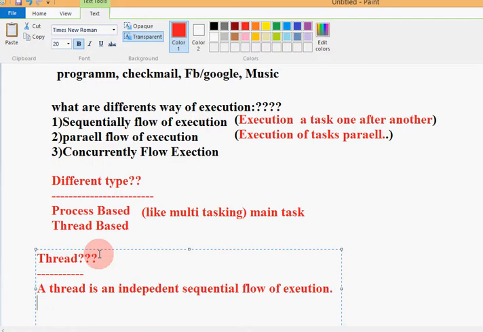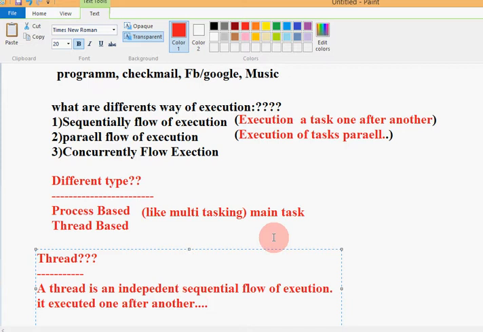It is executed one after another. This sequential flow of execution executes one after another.